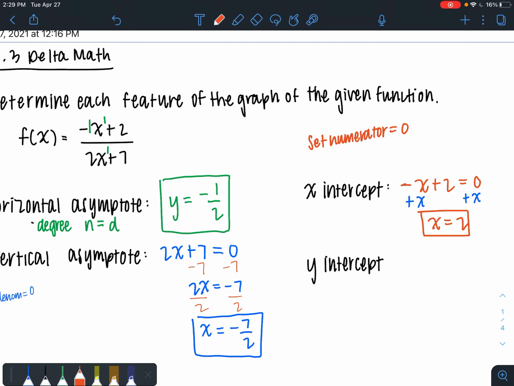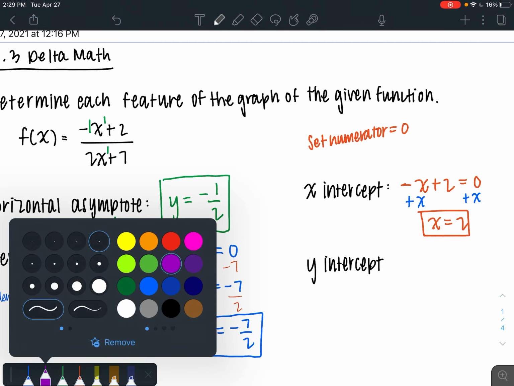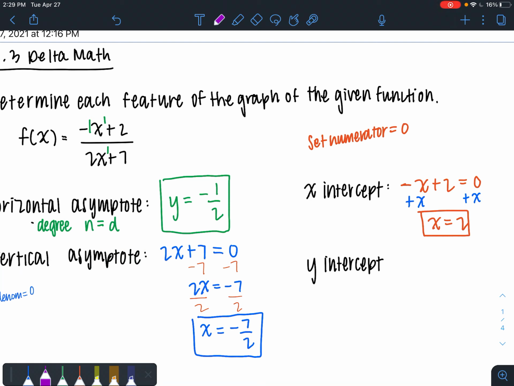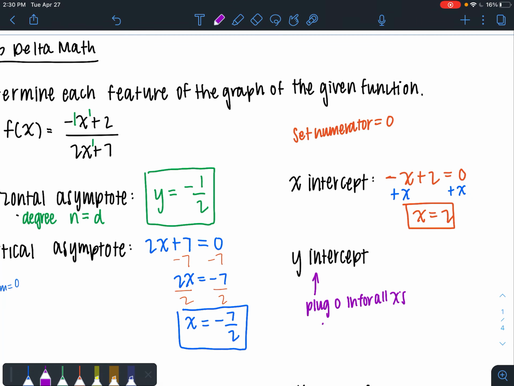Then to find my y-intercept, I'm going to plug 0 in for all x's. So here I go, plugging 0 in for all of those x's.